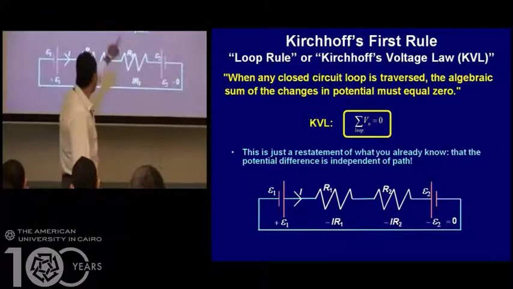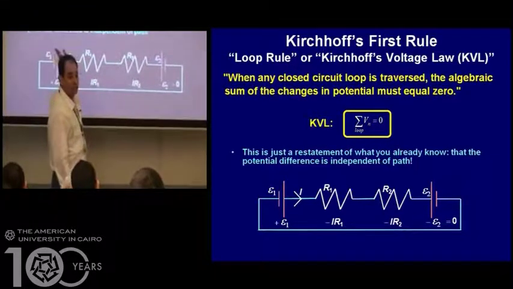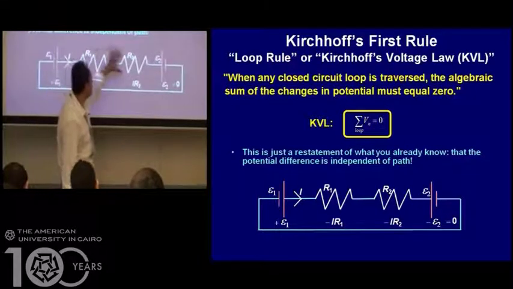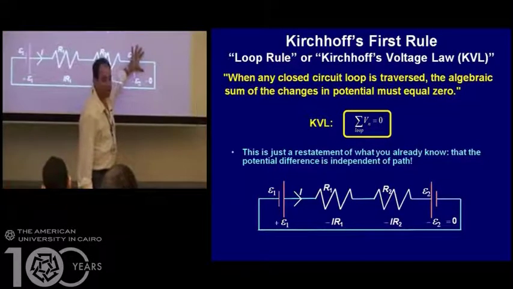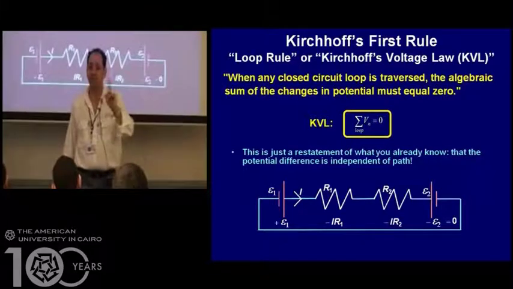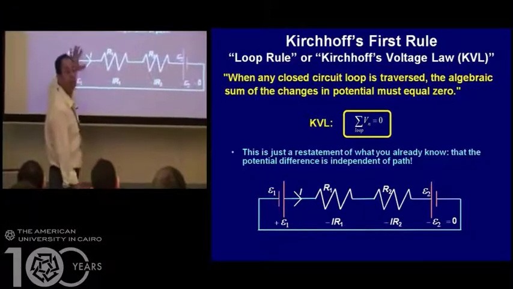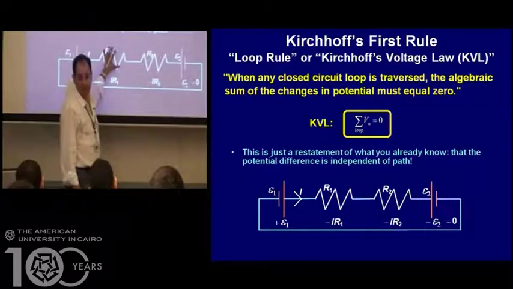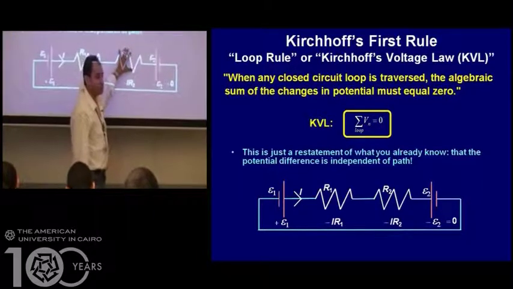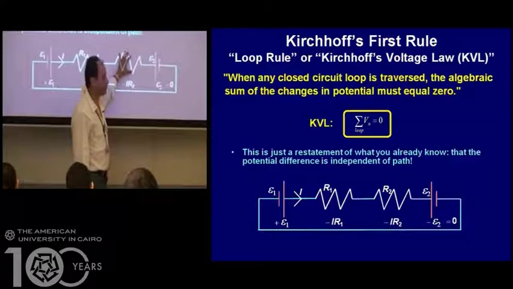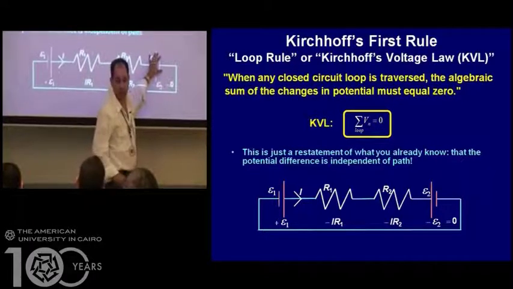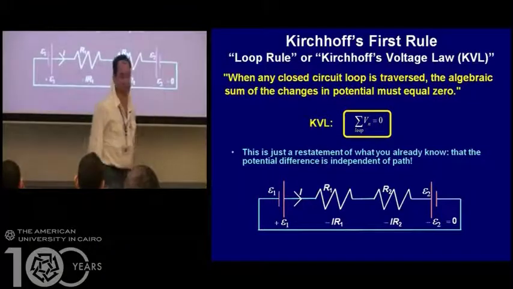And if you take I as a common factor, that means I times V plus I times V plus I times V plus I times V, and when I say V, they are not the same V. I times the potential across the battery, plus I times the potential across resistor 1, plus I times the potential across resistor 2, plus I, the same current, always the same current, times the potential across E2.